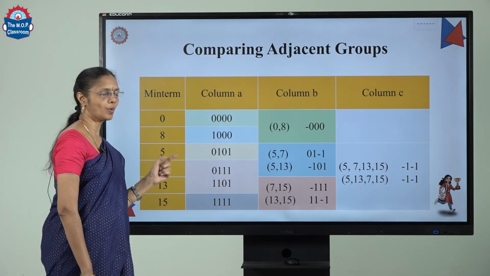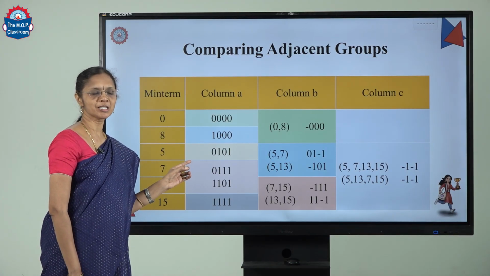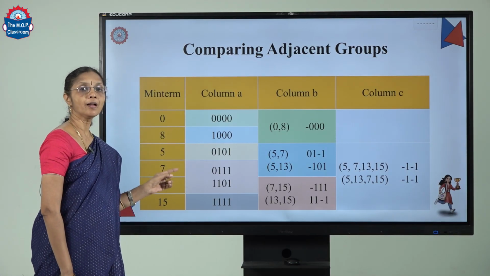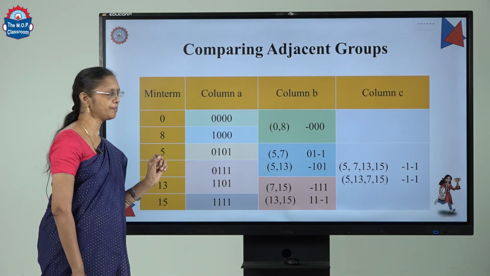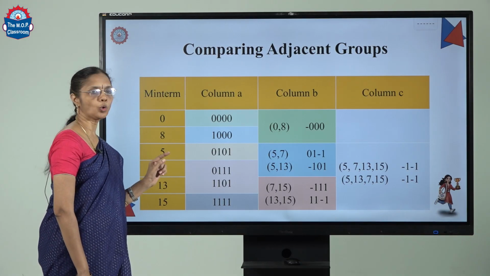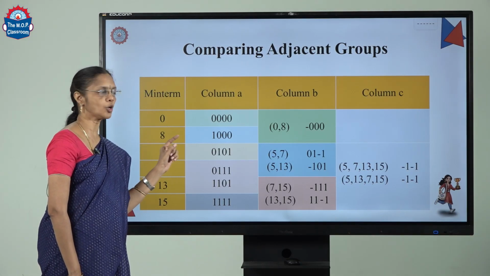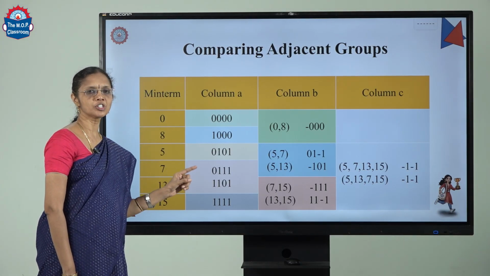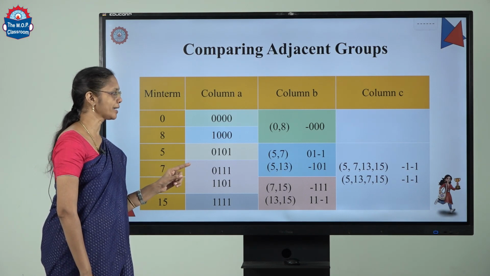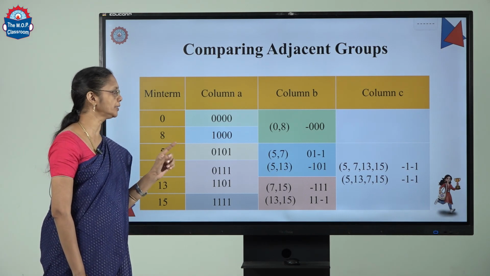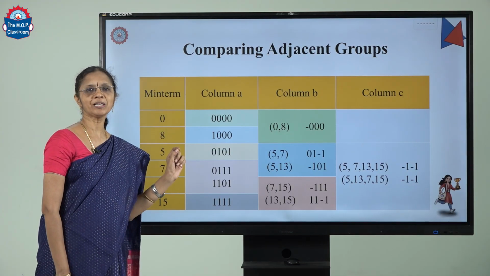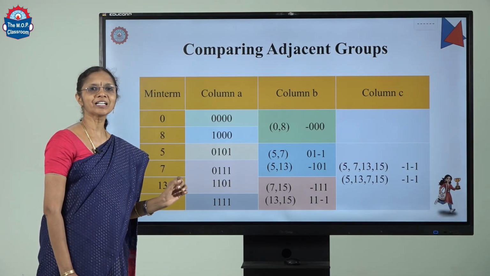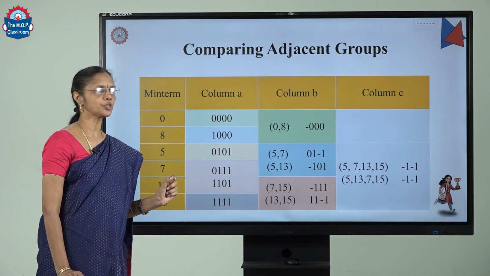So that is the reason why we are going to take 5, 7 and compare it with 13, 15. So when you compare it with 13, 15, the dash is in the same position and it differs only by one bit, that is 0 and 1. The rest of the digits are same. So you write it as 5, 7, 13, 15, and wherever it differs, you replace it with the dash. So it becomes dash 1 dash 1.